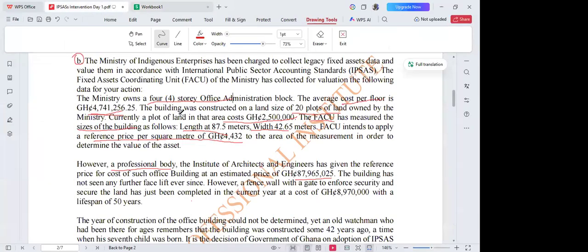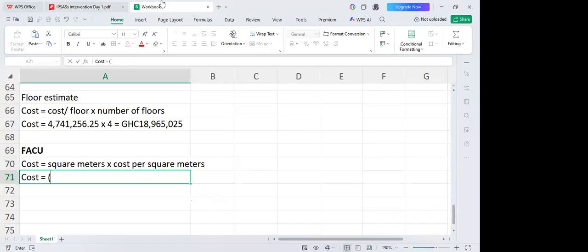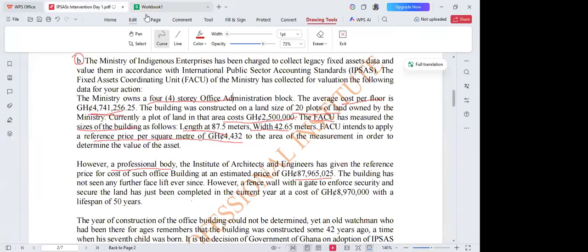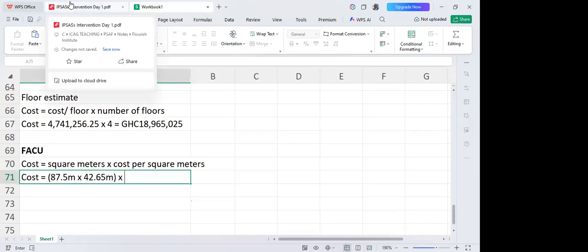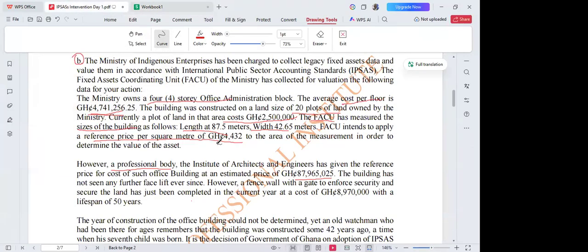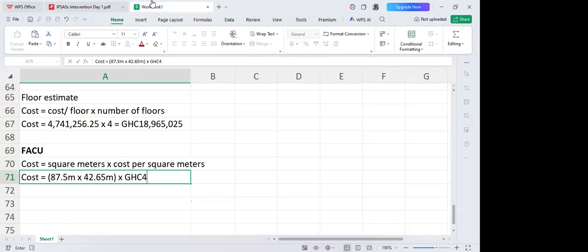So the length here is 87.5 meters times the width, which is 42.65 meters. Then multiply by the cost per square meter, which is 4432.